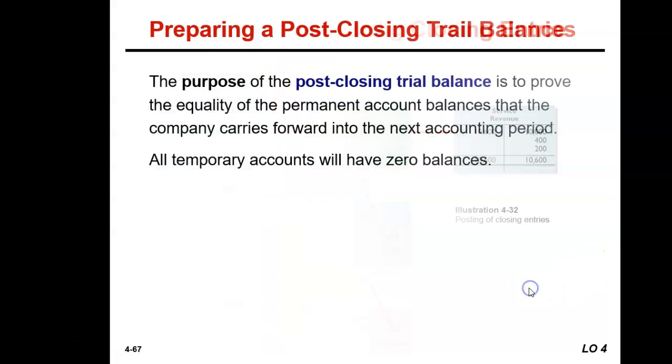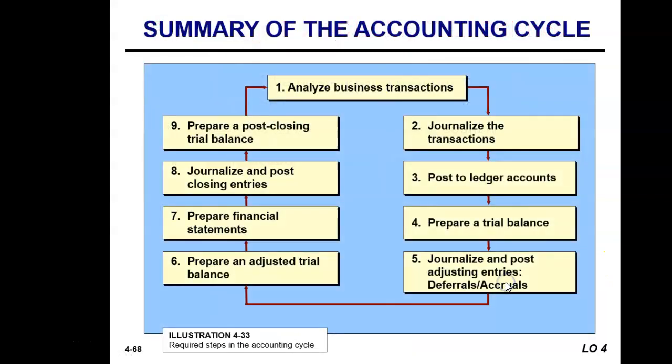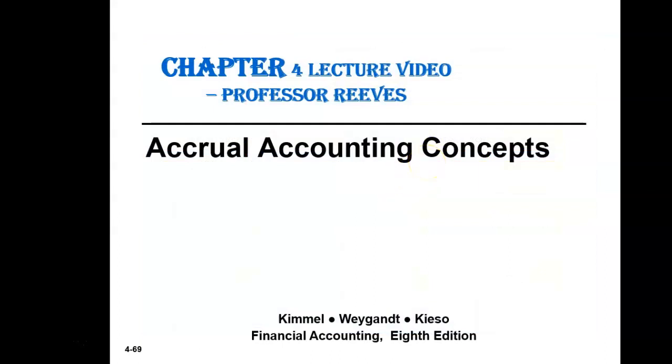Okay? So that pretty much concludes the accounting period. We have now completed all of the adjusting entries. We prepared the financial statements. We've done the closing entries. We can now close out this accounting period and get prepared for the upcoming accounting period.